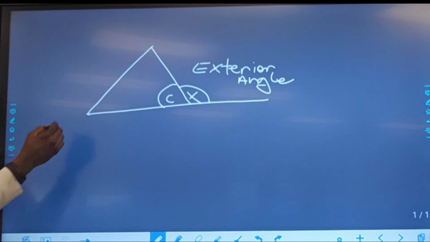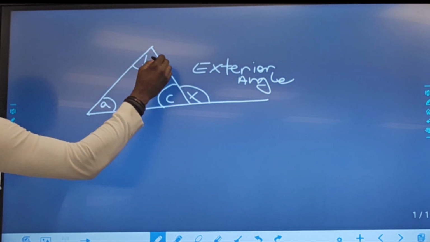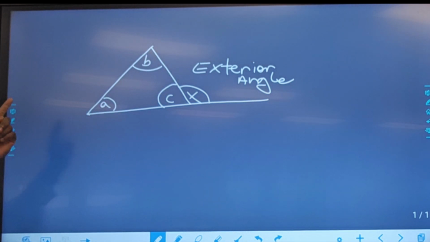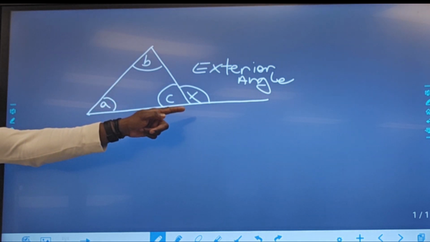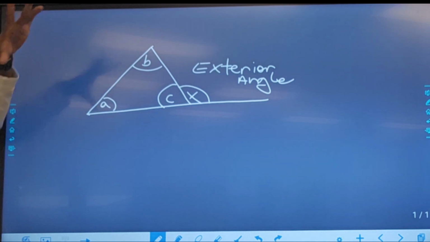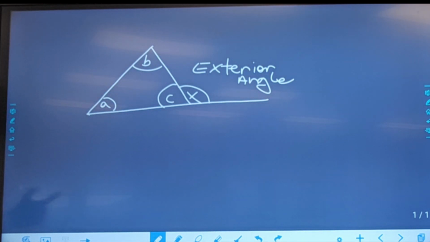Angle at A and angle at B are the remote interior angles, meaning they are the furthest from the exterior. There is a relationship between the two remotes and the exterior. That's what the theorem is about.